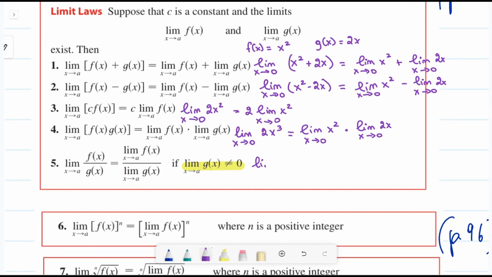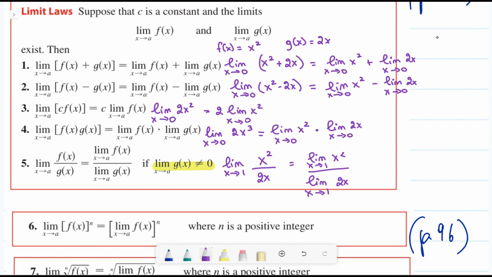For instance, the limit as x approaches 1 of f of x divided by g of x, where f of x is x squared and g of x is 2x, is equal to the limit as x approaches 1 of x squared divided by the limit as x approaches 1 of 2x.